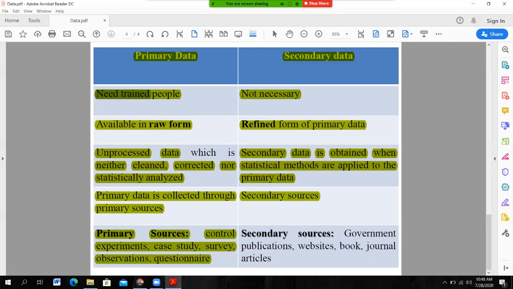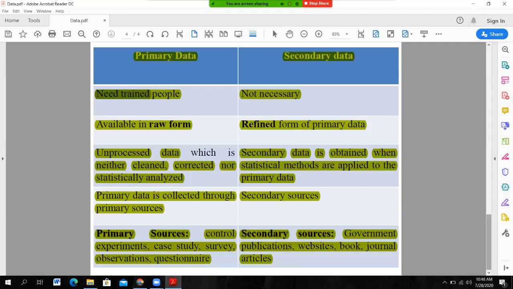These are the primary sources through which we can collect primary information, while secondary sources are those through which we can collect secondary information, like government publications, websites, books, journal articles, research papers, review papers. All these are under the secondary sources of data.